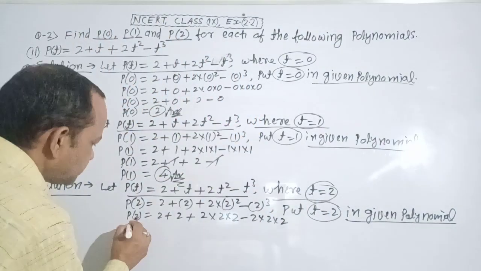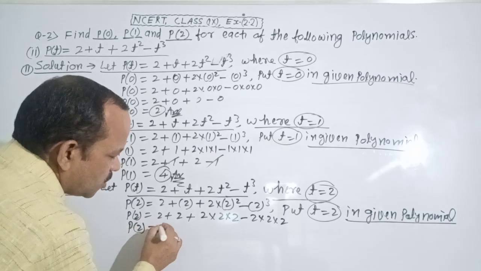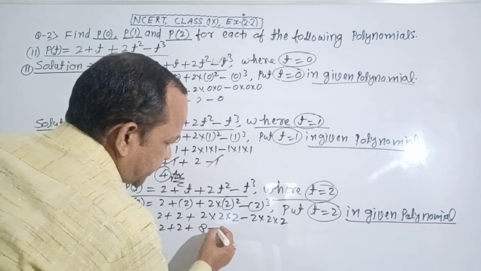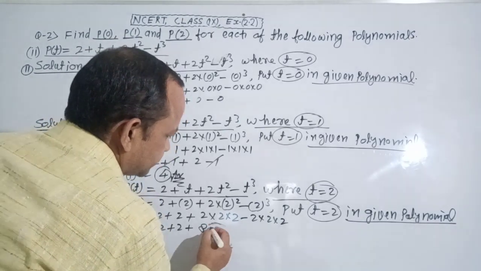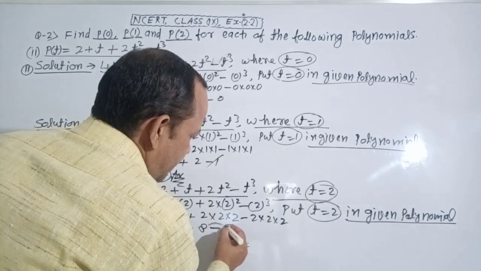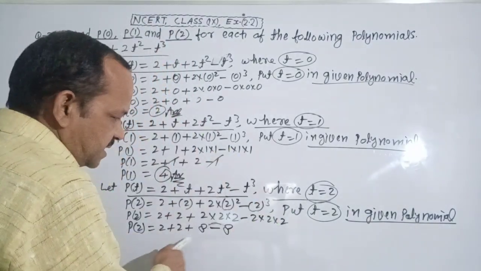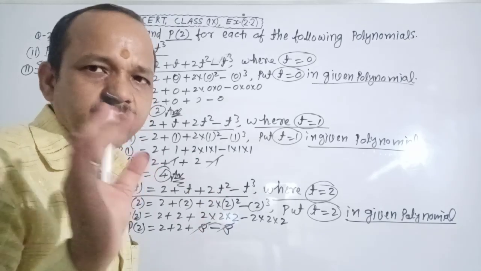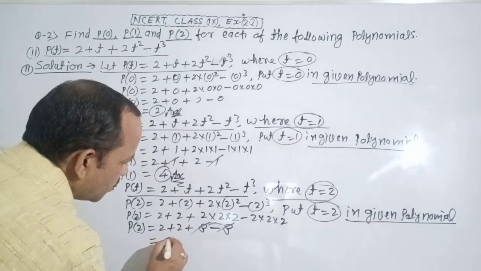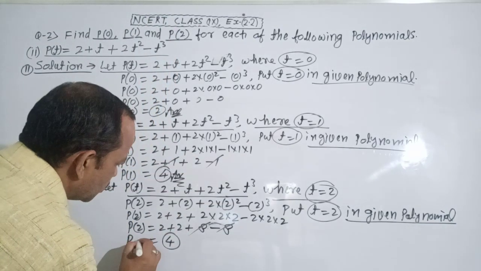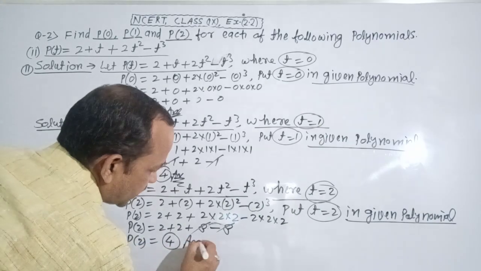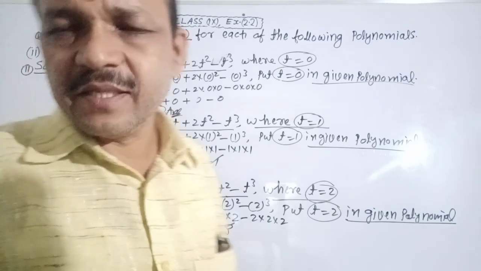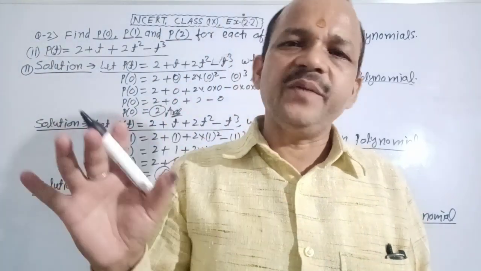It becomes 2 plus 2 times 4 is 8, minus 2 times 4 is 8. Clear? Here plus 8 and minus 8. Cut plus 8 and minus 8. It becomes 4. p(2) equal to 4. Answer. You find 4. It means your answer is 4. Clear? No confusion about it.